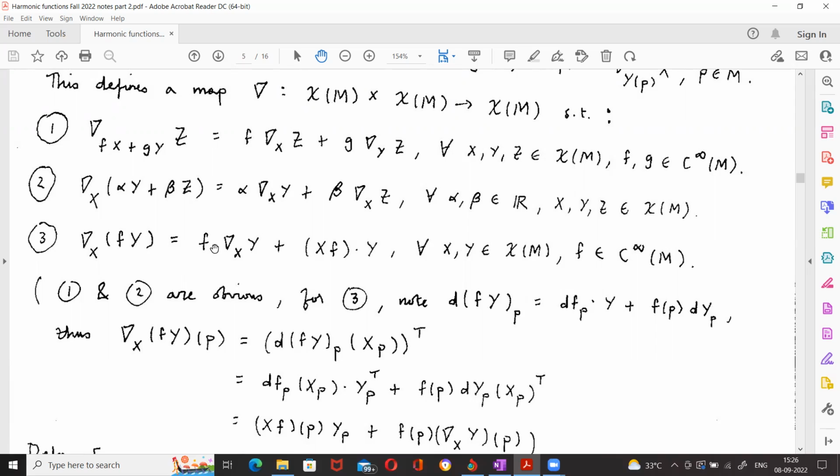Okay, so the Leibniz rule will tell you that the connection only depends on the germ of Y. And the fact that we are able to localize to a point in the first variable, that follows from the first axiom, that the key point is that the connection is C infinity(M) linear in the first variable. That allows us to localize to a point.